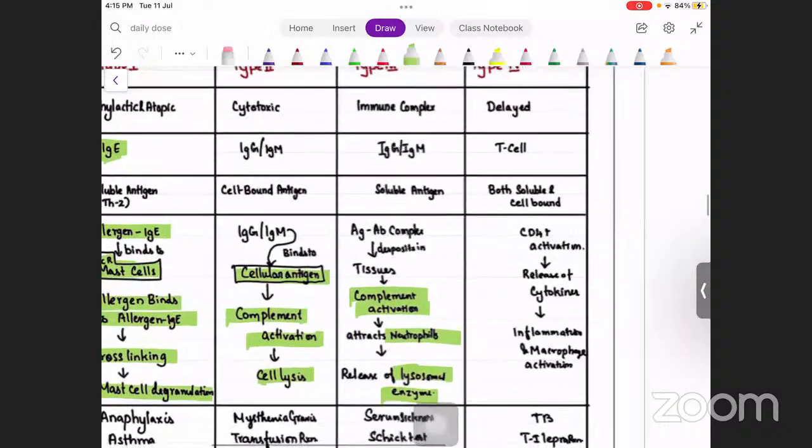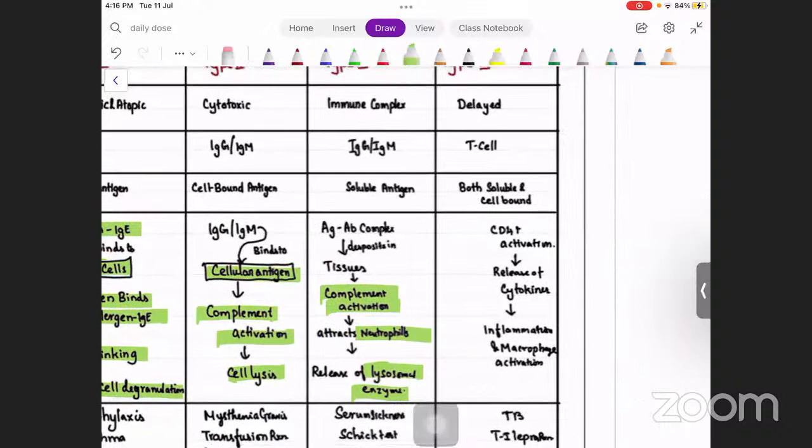Then you have type 4, which is the delayed one. It is both soluble and cell bound, where you see CD4 activation, release of cytokines, inflammation and macrophage activation.